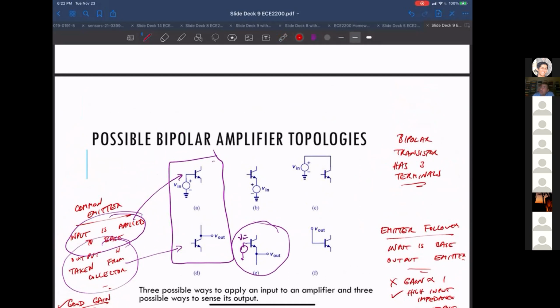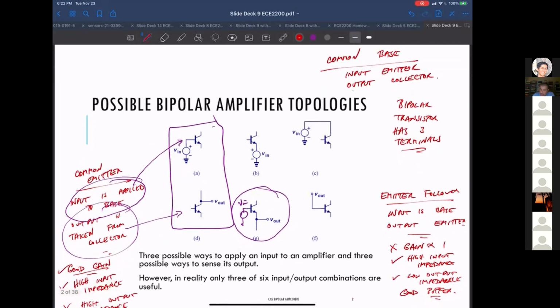Well, I think you see it in some configurations, but it's the common base. The input is typically the emitter, the output is the collector, and the base is used for biasing.